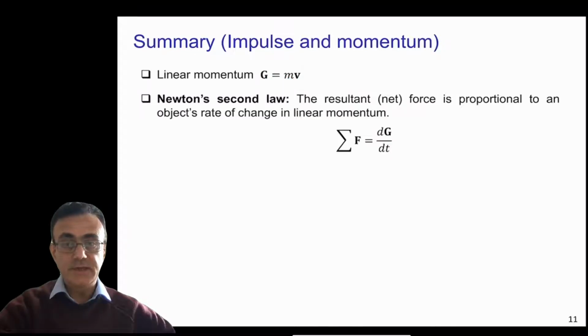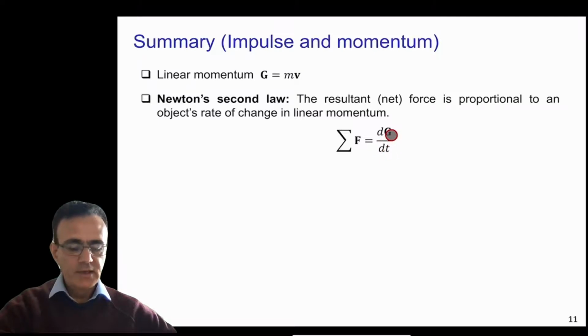Again, in this lecture, we introduced Newton's second law in a slightly different form, and we say that the resultant, which is the net force, is proportional to an object's rate of change in linear momentum, which you can write in this form: summation of all the forces equal to dg by dt.